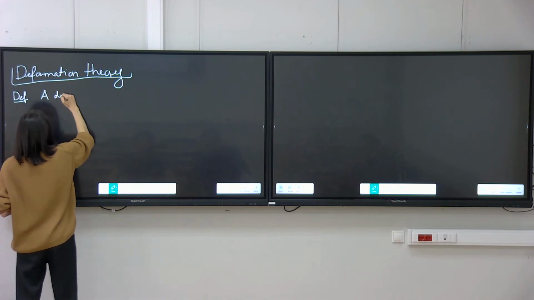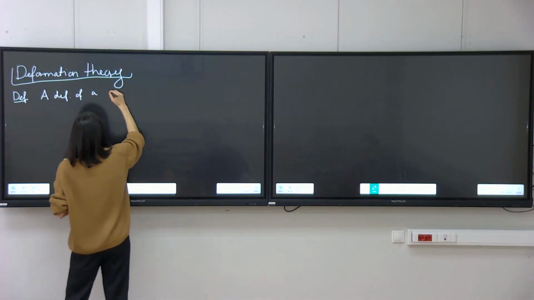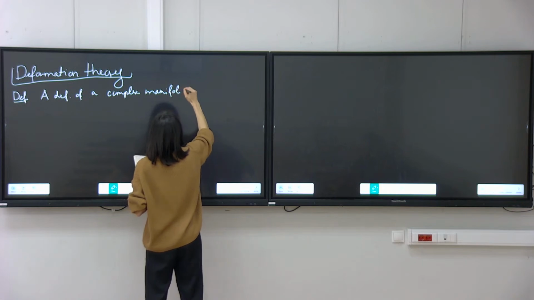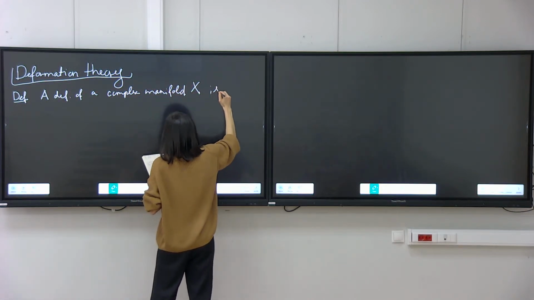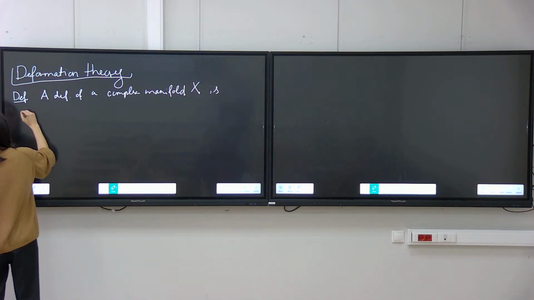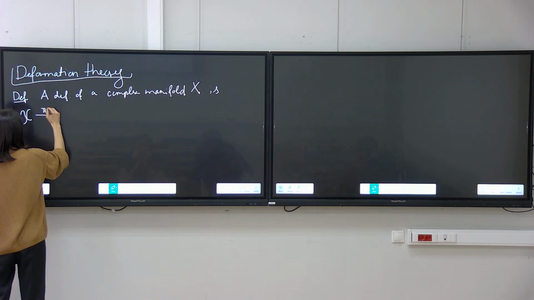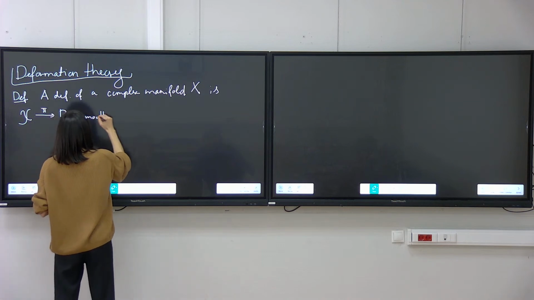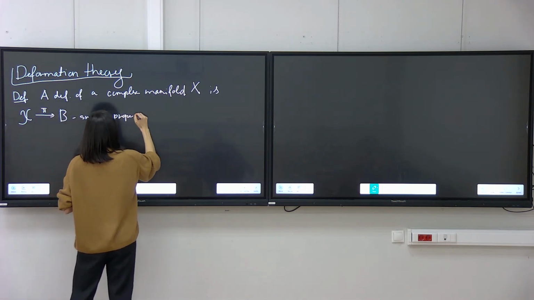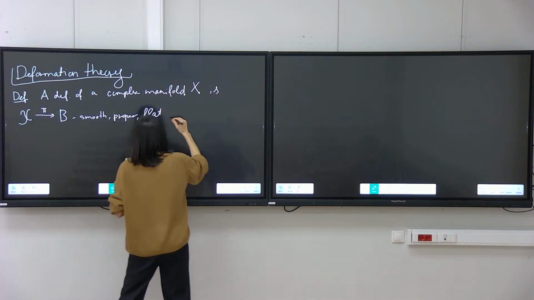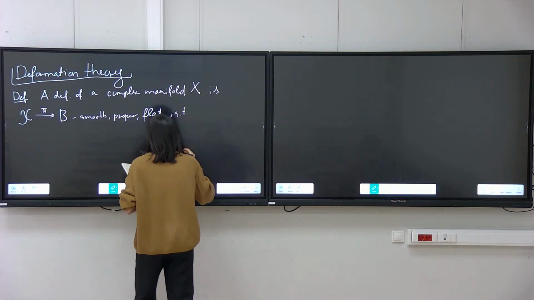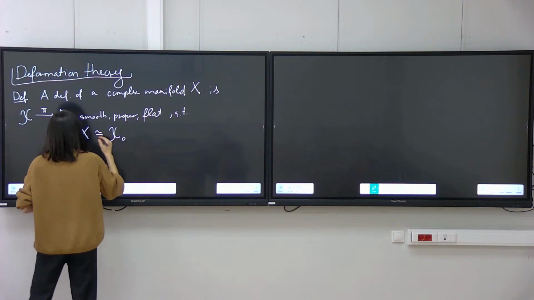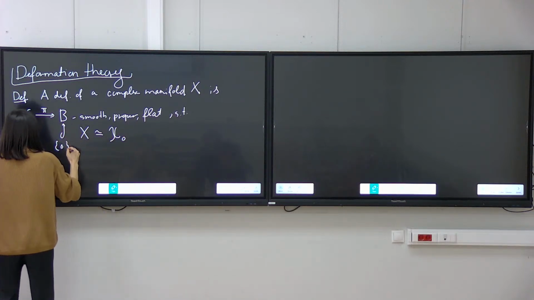A deformation of a complex manifold X is a smooth proper map, smooth proper, such that X is isomorphic to a fiber over a distinguished point.